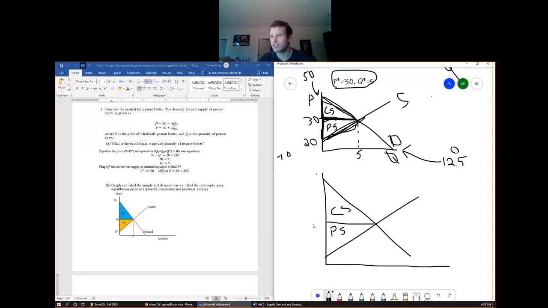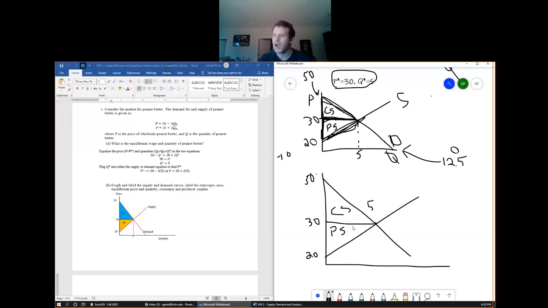I'm not going to label it just because it's already messy enough, and you've seen the labels. 20, 50, and this point here is 5. Okay, and this over here is 0, like on the x-axis.